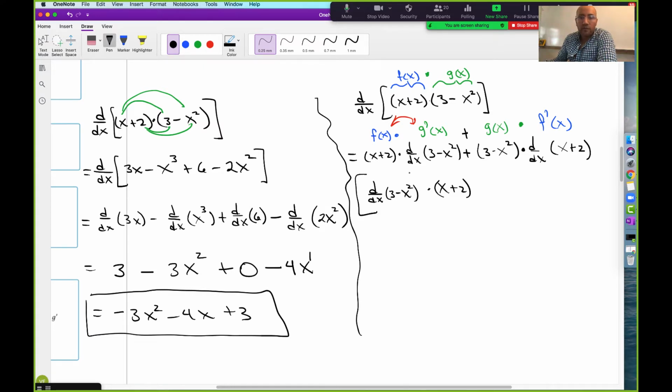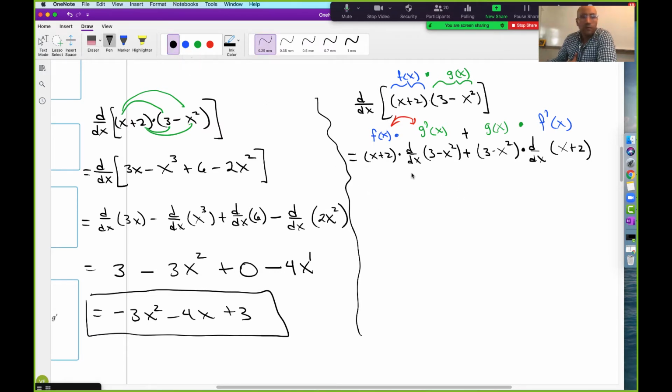So maybe you'd put some parentheses to make it clear, but it just looks a little messier. So it makes more sense to write them in this order, so it's super clear that this derivative only applies to this function. Good. Any questions?